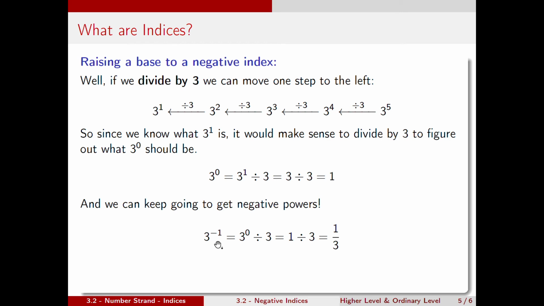So 3 to the minus 1 will equal 3 to the 0 divided by 3, which is 1 divided by 3, which is 1 over 3. And again, 3 to the minus 2 is 3 to the minus 1 divided by 3, which is 1/3 divided by 3, which is 1 over 9. It's important to note that this 3 to the 0 equaling 1 is not just unique to 3, and that any number to the power of 0 is indeed 1.